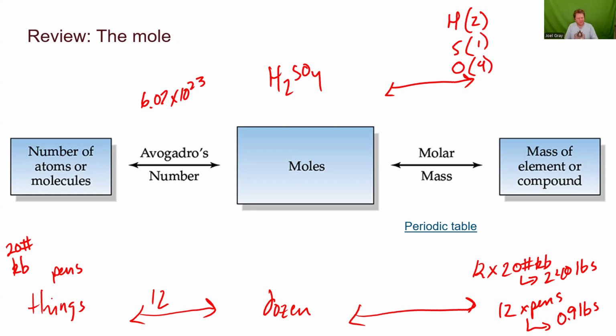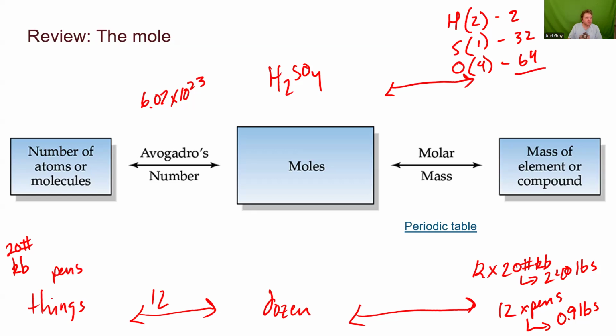Now, I think that sulfur's 32. I'm going to go ahead and take a minute to tab over, pull this up on the periodic table, but I believe it's 32 grams per mole. Yeah, it is. Okay, so this would be 2, this would be 32, and then this 16 is the molar mass of oxygen, so 4 times 16 is 64.